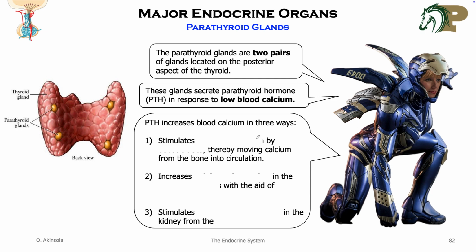What causes the release of calcitonin is the detection of high blood calcium. So what that means is that the release of calcitonin from the parafollicular cells of the thyroid falls under the humoral arm of hormonal regulation.